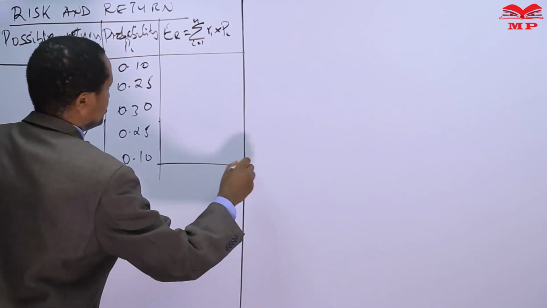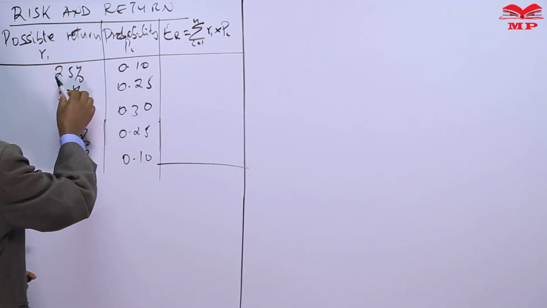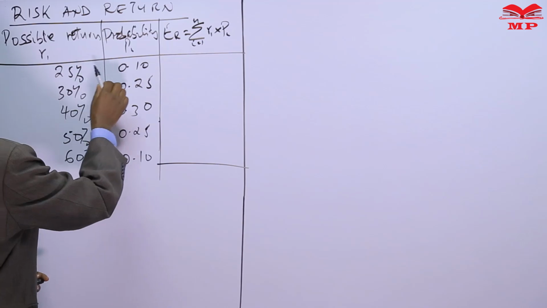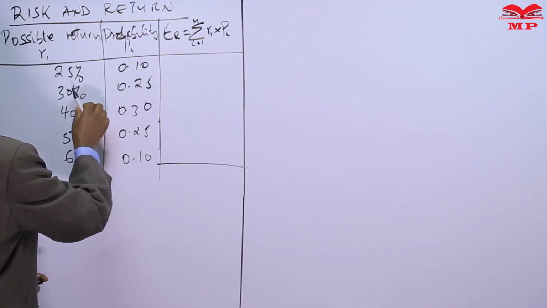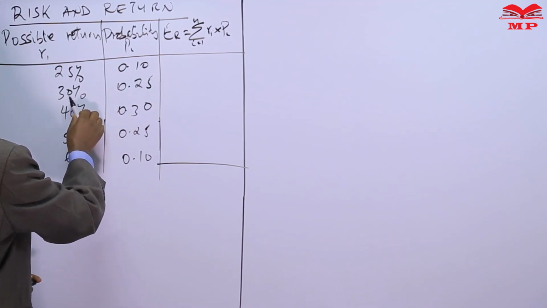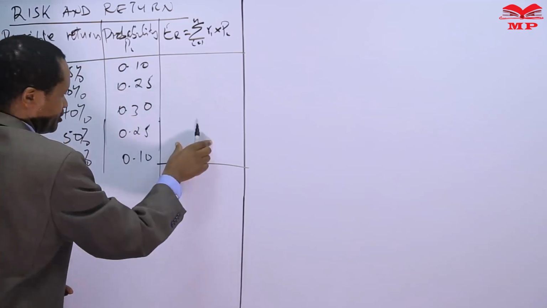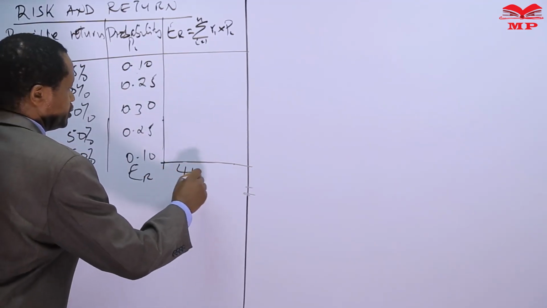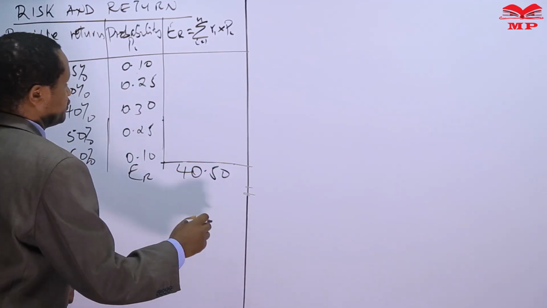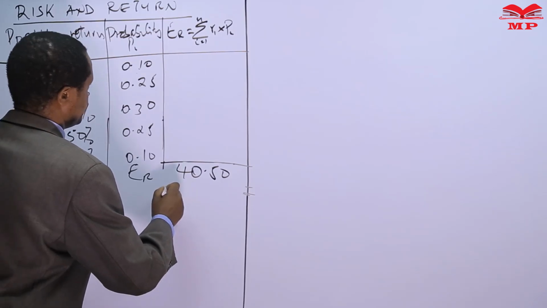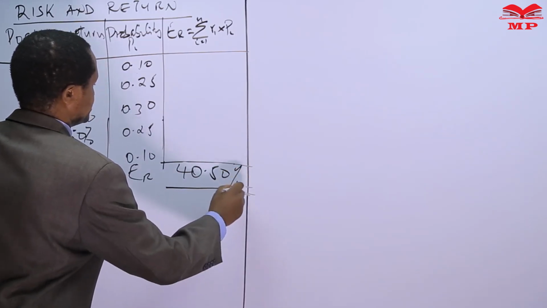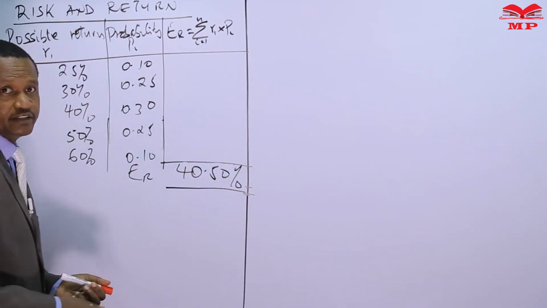Then we multiplied each possible return by its probability. Then we summed, and came up with a total of 40.5%. That is the expected return.